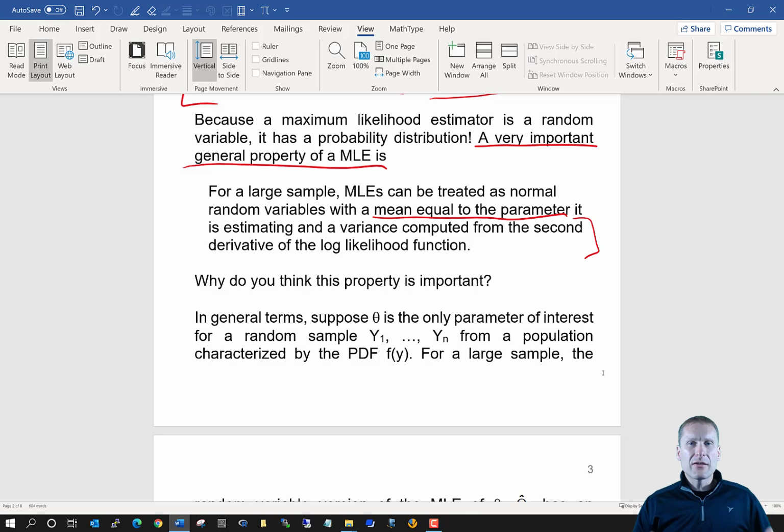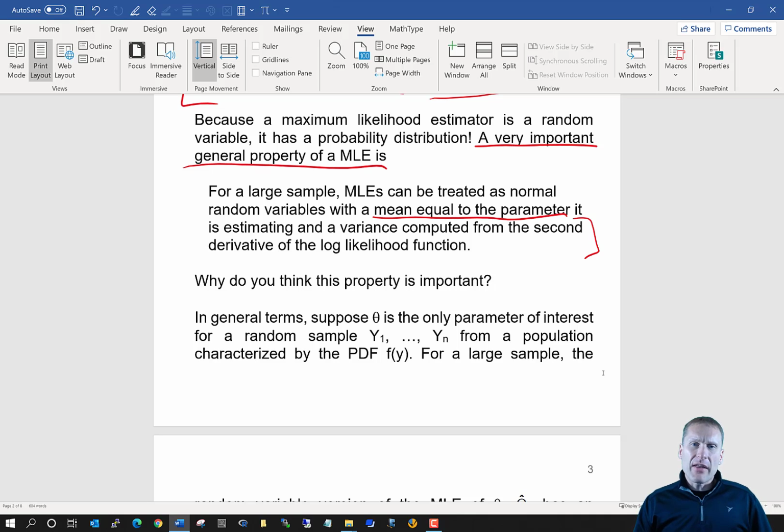So why is this important to have an idea of what the probability distribution is for a maximum likelihood estimator? Well, think back to how we've had probability distributions for statistics in the past. For example, when we were just looking at the sample mean itself, and weren't necessarily saying what the underlying distribution is for the y's, we used the central limit theorem, and we said that y bar had an approximate normal distribution for a large sample.